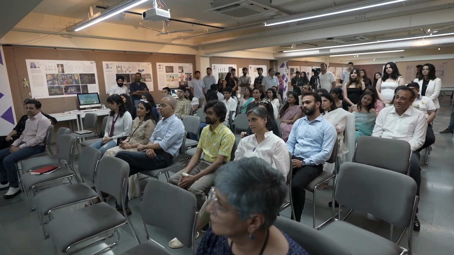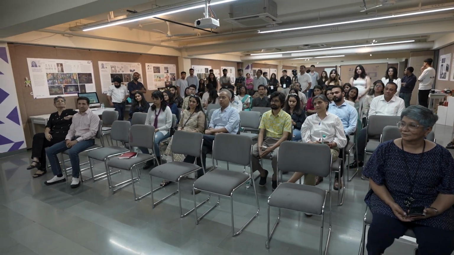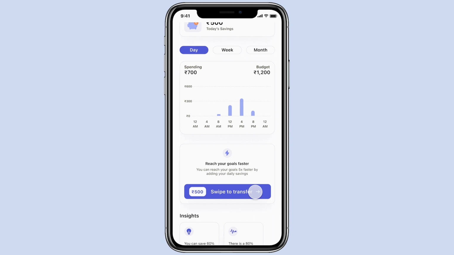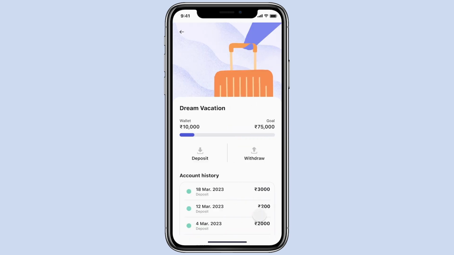But then, of course, through the help of the mentors at IIAD, I was able to overcome that. Another challenge was during the user research part. For something like finance, and developing an application that caters to holistic growth, there is not one set of users, there are many sets of users.